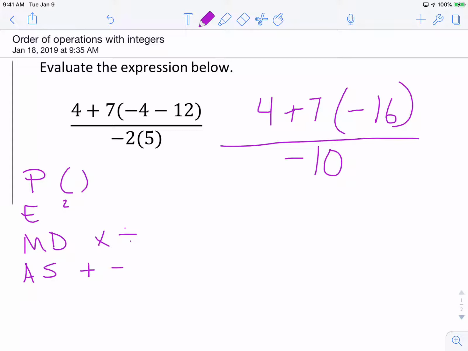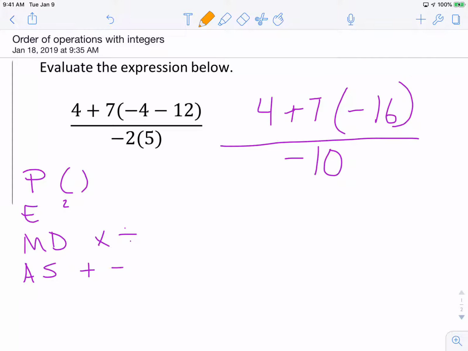Okay, in the order of operations, I've multiplied, but I still have one multiplication problem left: 7 times negative 16. And I've already told you that a positive, which will be my 7, times a negative, which will be my 16, the answer is going to be negative.